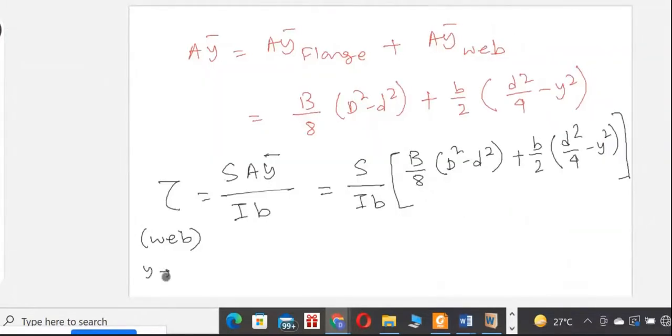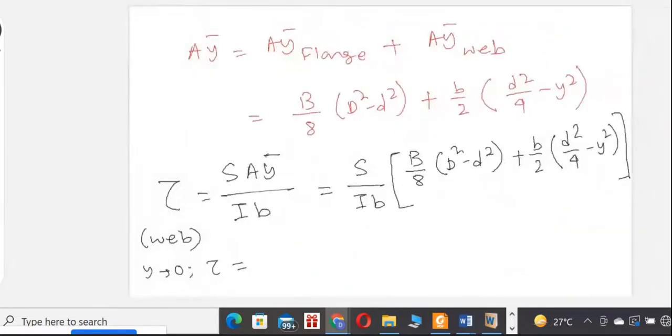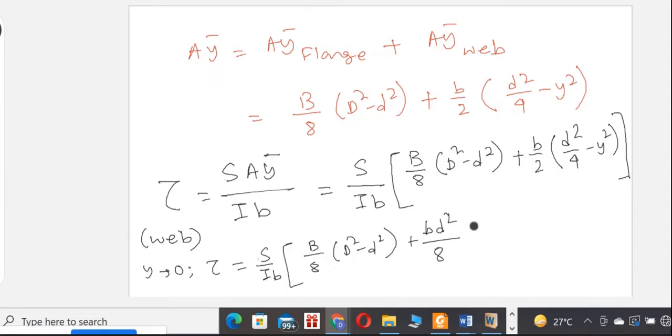So y equal to 0 means at the neutral axis, tau equals S by I b, into b by 8 into capital D square minus small d square plus b d square by 8, because y becomes 0.